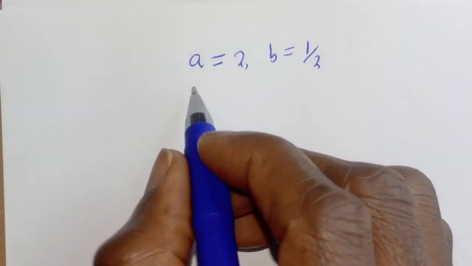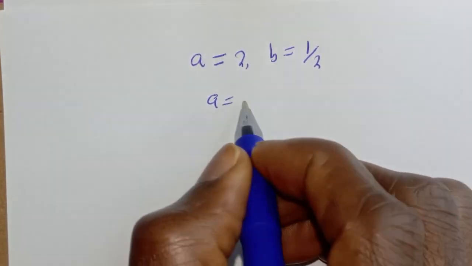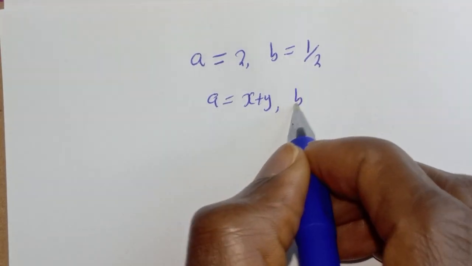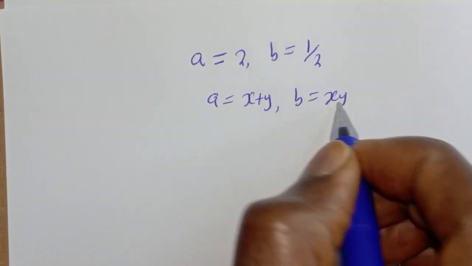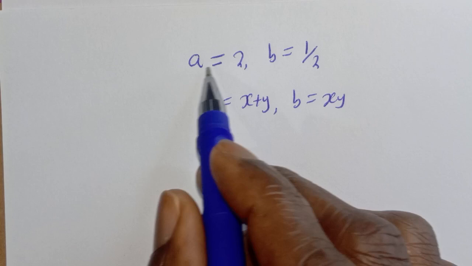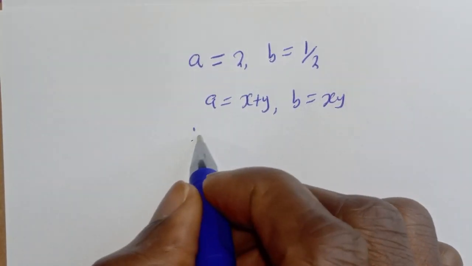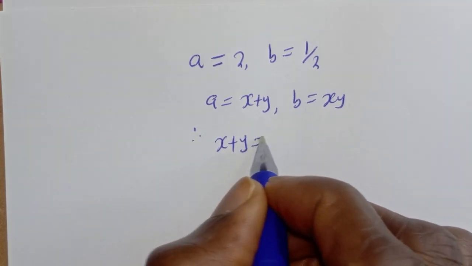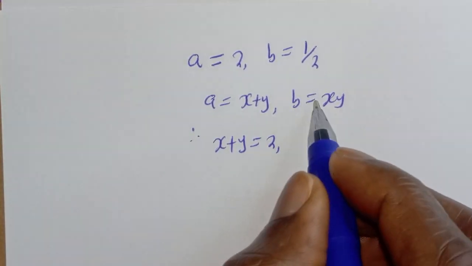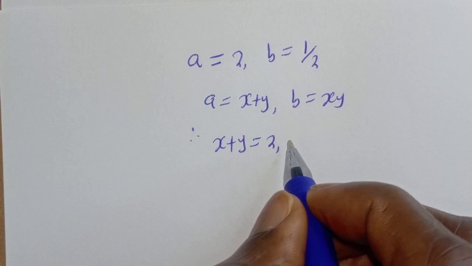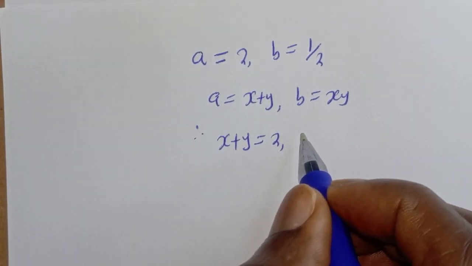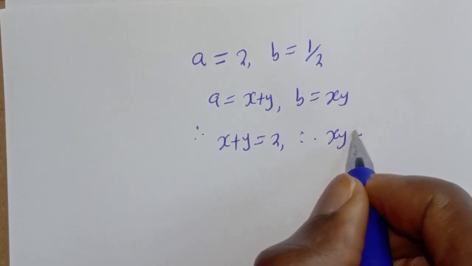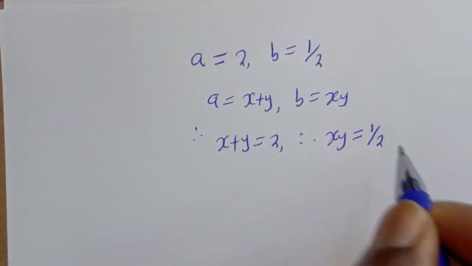Initially we said that a is equal to x plus y and b is equal to xy. Now we've known the value of a, which is 2. Therefore, x plus y is equal to 2. Also from b, which is half, xy is equal to 1 over 2.